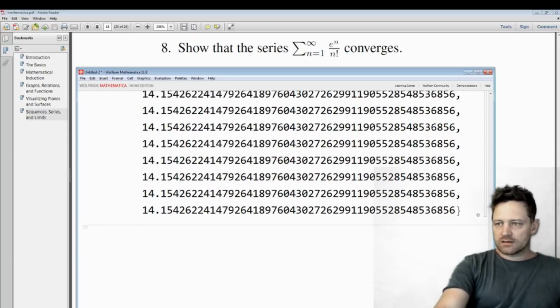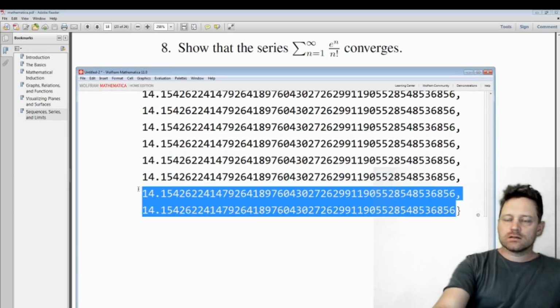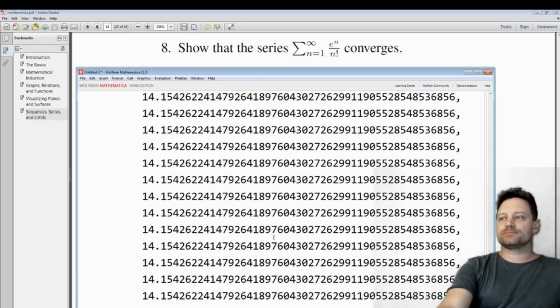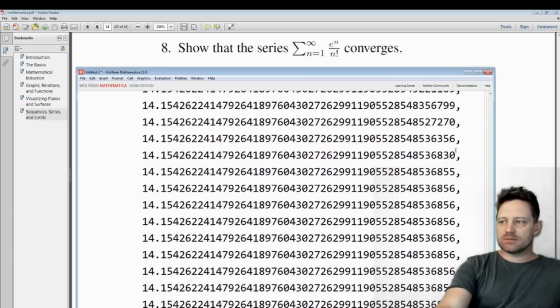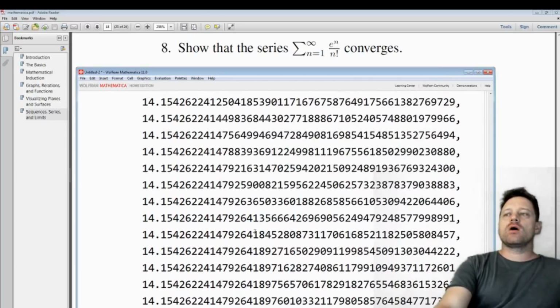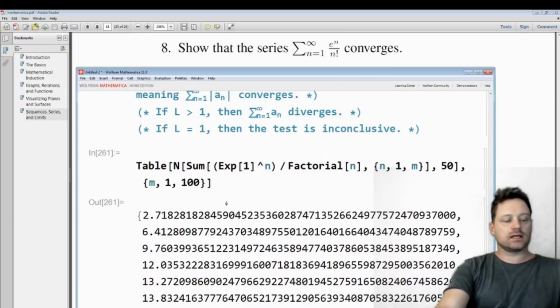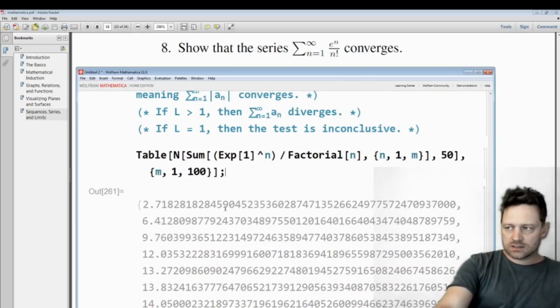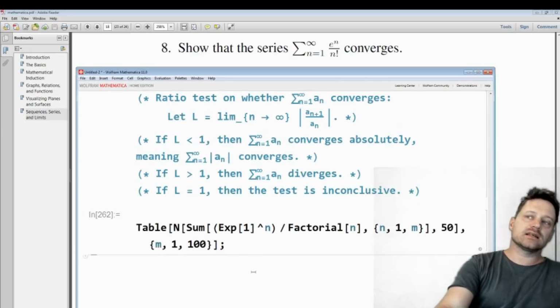In fact, these are the same to 50 decimal places, but they seem to be different somewhere in the middle here. So this suggests that this series might converge. Now let's put a semicolon on that, suppressing the output, and get on with our demonstration using the ratio test that this series converges.